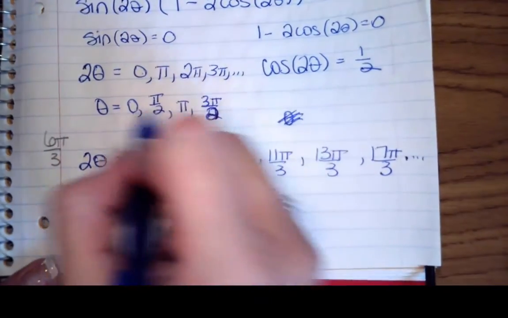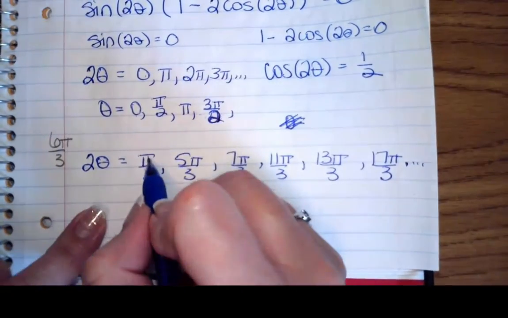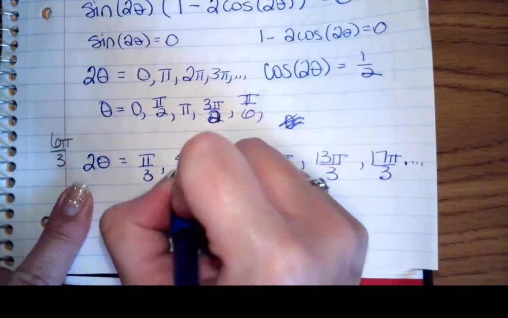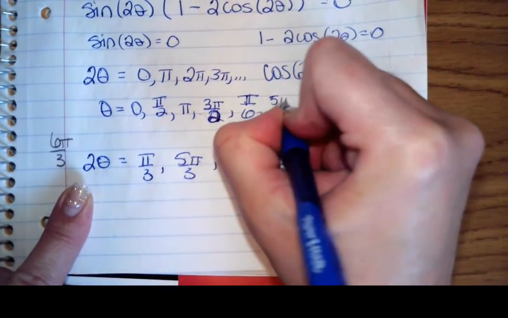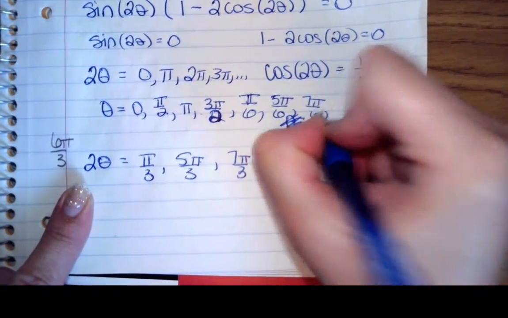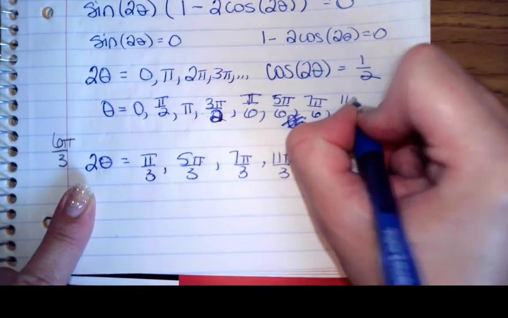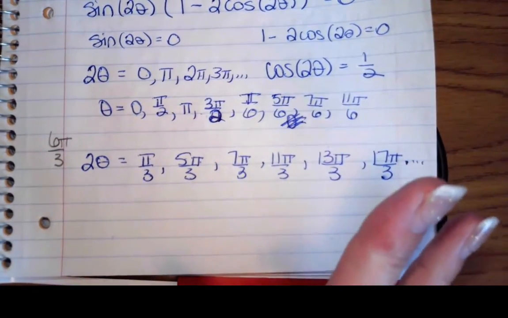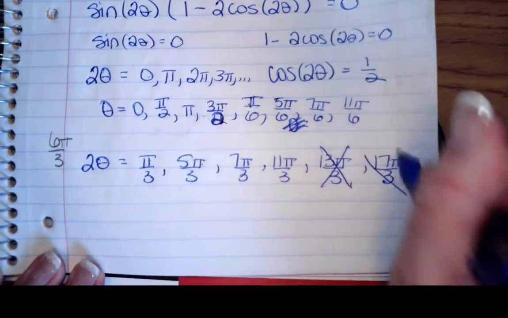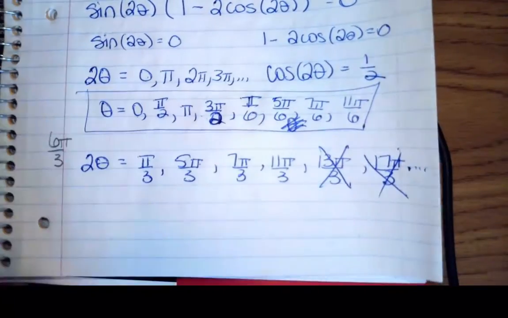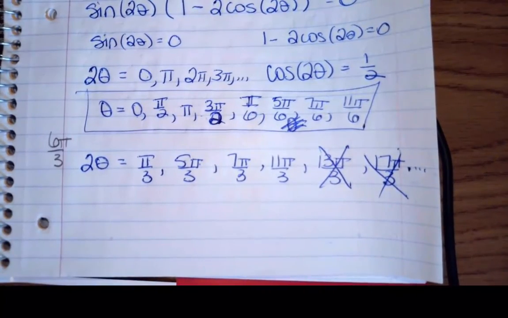So my theta, I'm going to keep this list going, becomes pi over 6, 5 pi over 6, 7 pi over 6, 11 pi over 6, 13 pi over 6. Stop. Everything else is bigger than 1 lap, so I don't need those. Those were extra. So all of these are your answer.